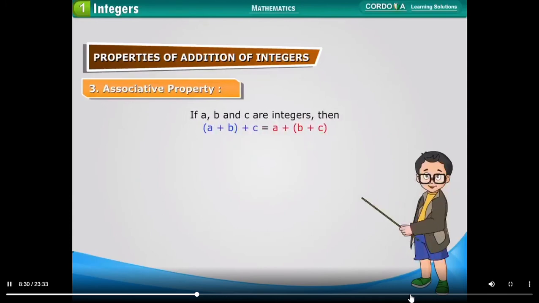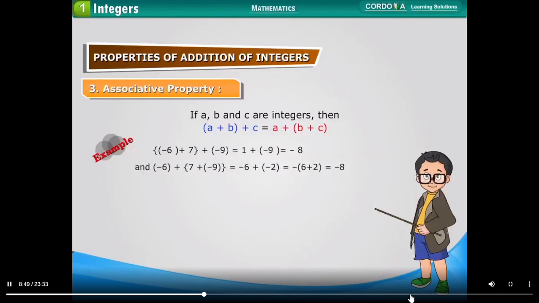Associative property. If a, b and c are integers, then (a plus b) plus c is equal to a plus (b plus c). Example: (negative 6 plus 7) plus negative 9 is equal to 1 plus negative 9, which is equal to negative 8.